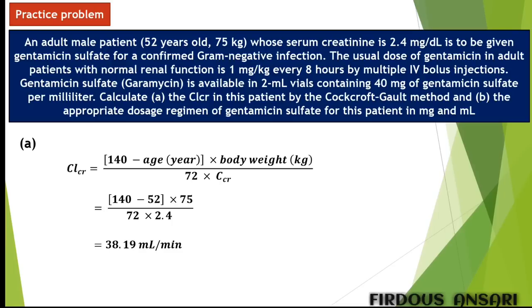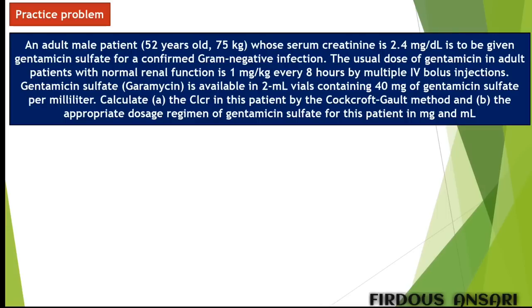Next, coming to the second part, that is B: the appropriate dosage regimen of gentamicin sulfate for this patient in mg and ml. We'll use this equation: Ku by Kn equals 1 minus Fe into 1 minus creatinine clearance in the uremic patient divided by creatinine clearance in a normal individual.